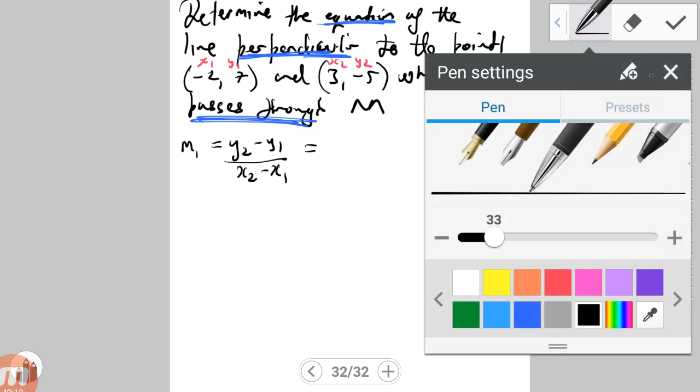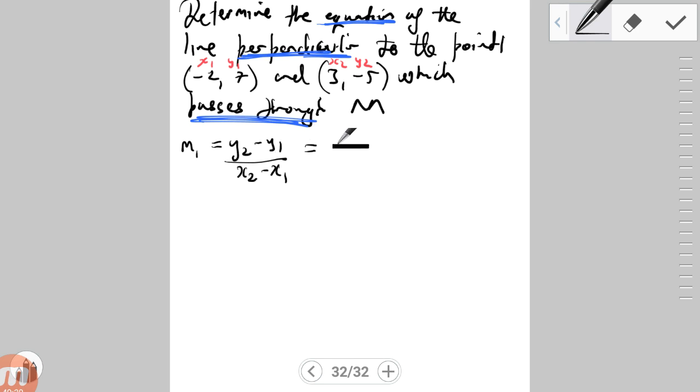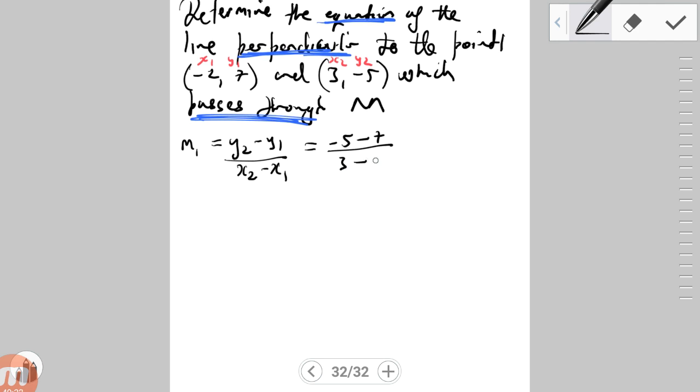So y2 here works out to be -5 minus y1 here works out to be 7 over x2 here works out to be 3. Take away x1 here is -2. So we end up with here -12 over 5. Negative times negative is positive. 3 plus 2 is 5. So our gradient here is negative 12 fifths.